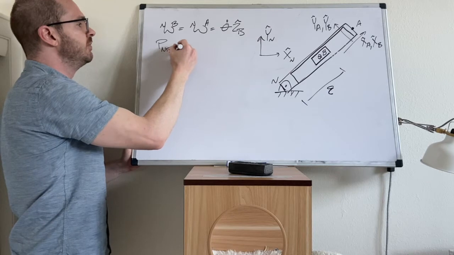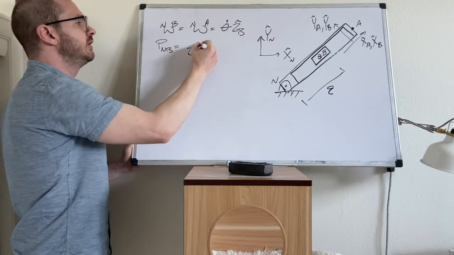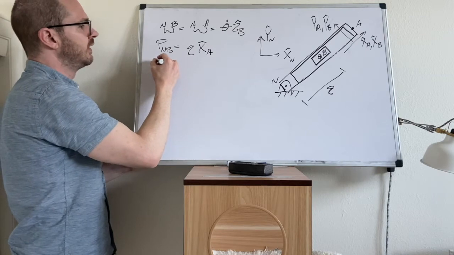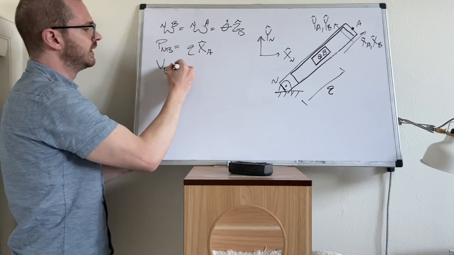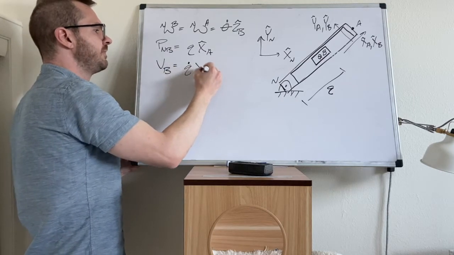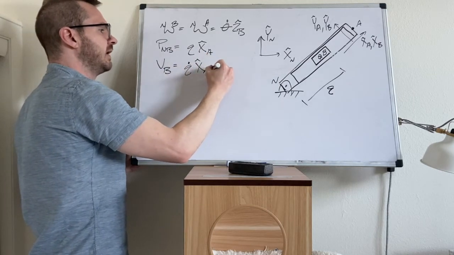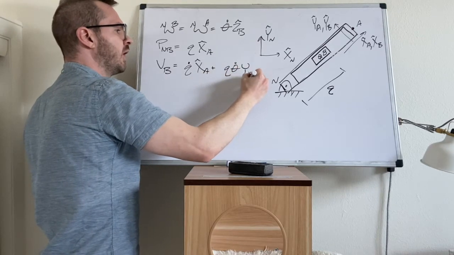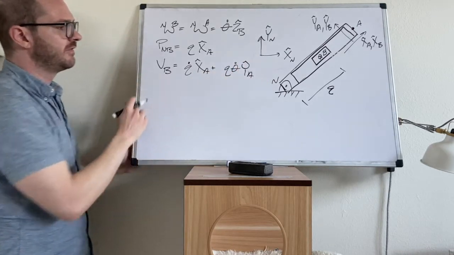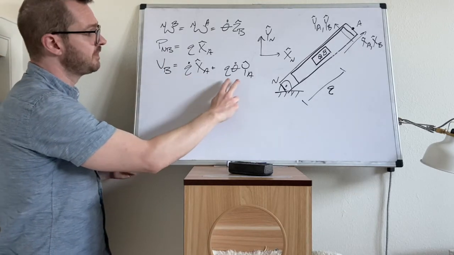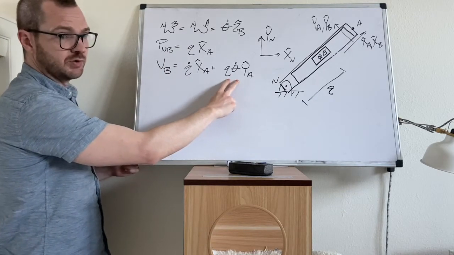So P into B, this is Q in the x hat A, and then the velocity of point B, again, we've done this. We know that this is Q dot x hat A plus Q theta dot y hat A. So on the velocity level, we can see that the block then experiences both a slip and a tangential velocity.